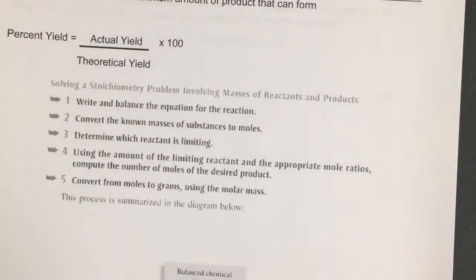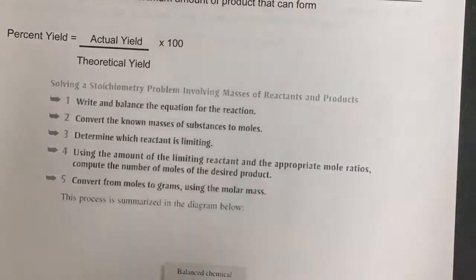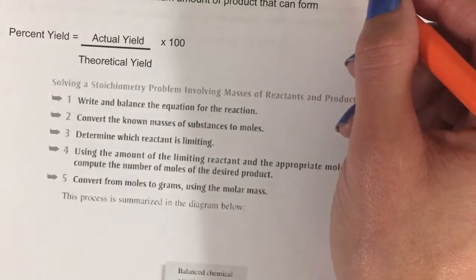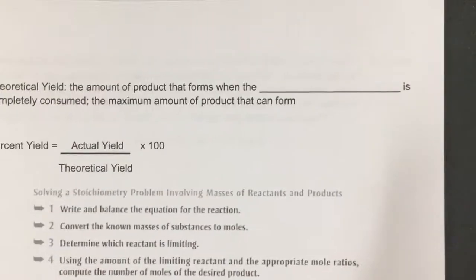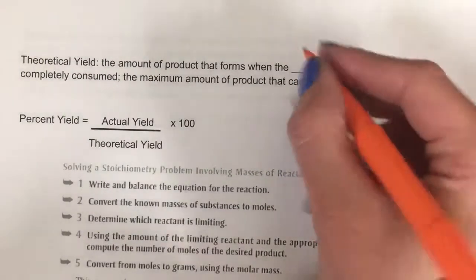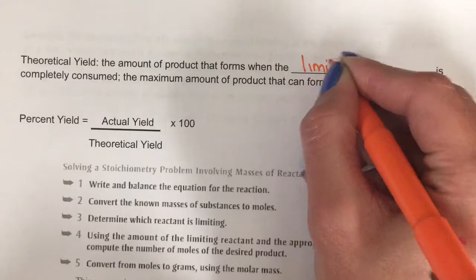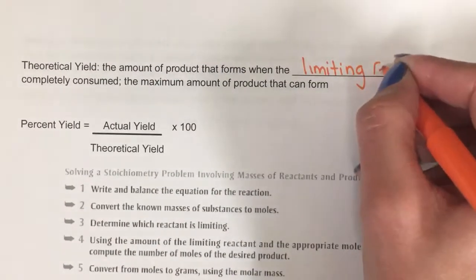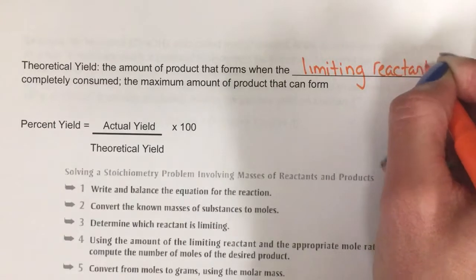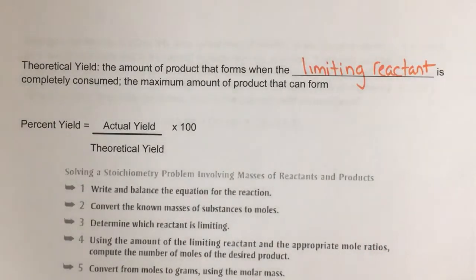So when we talk about our reaction, our theoretical yield is what we should actually make. Okay? So it is going to be how much that we should make theoretically, if all of our limiting reactant is completely used up.